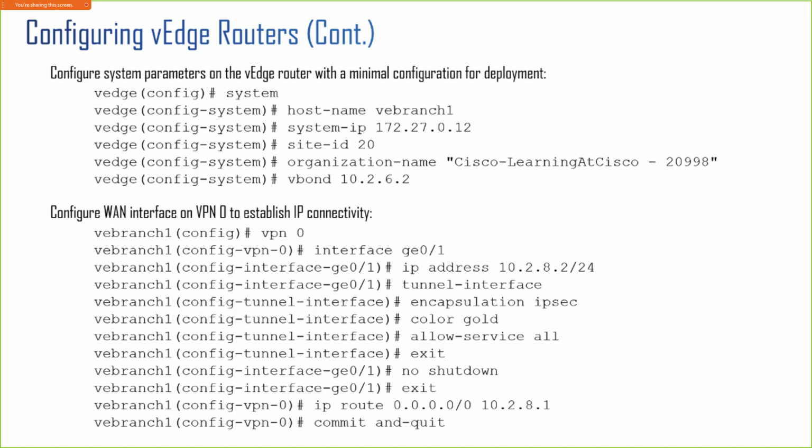But we're actually associating this particular interface to the VPN by applying a color, by specifying that it is a tunnel interface. And we're associating that interface to the VPN 0 by referencing the interface under the VPN 0 interface itself. If that makes sense, right?